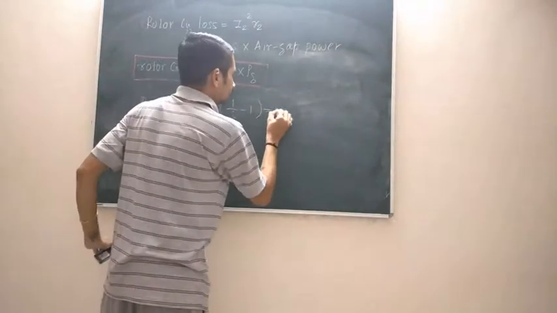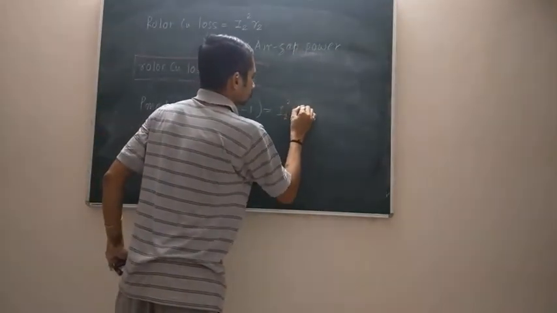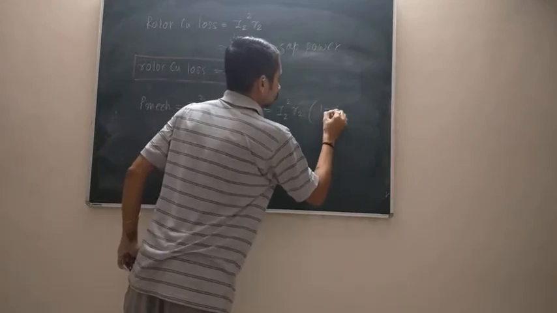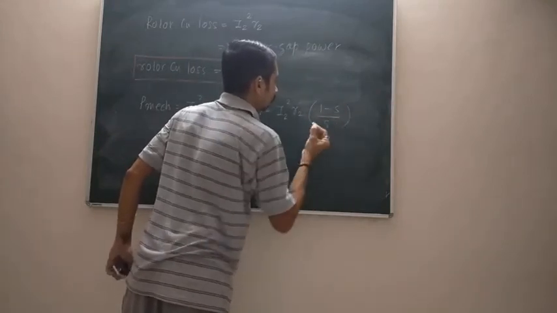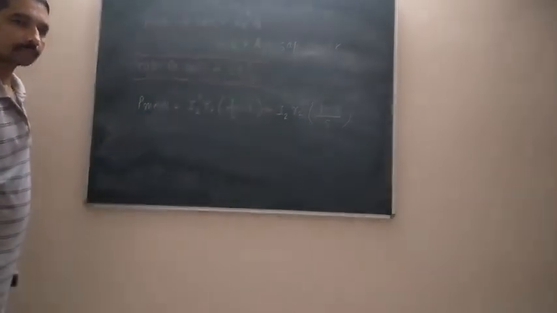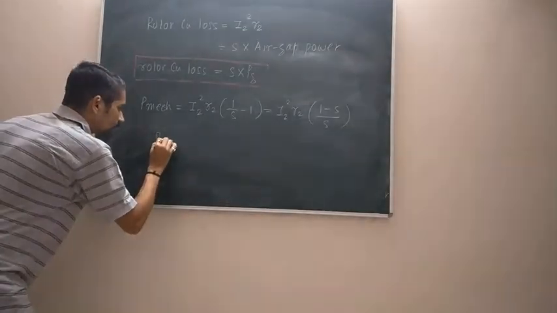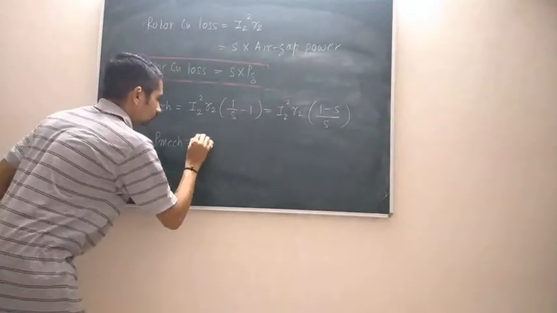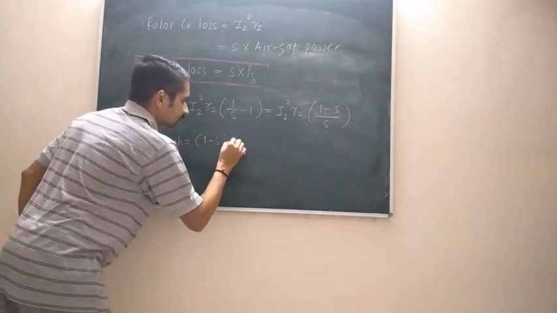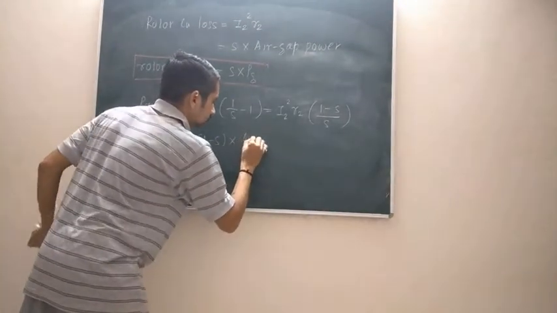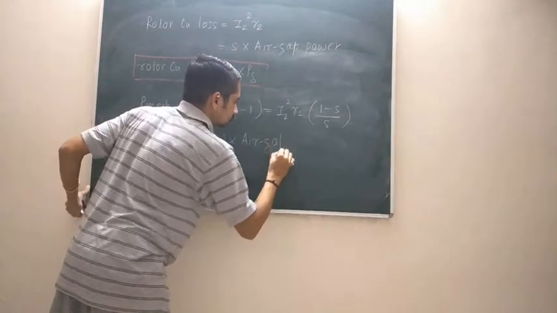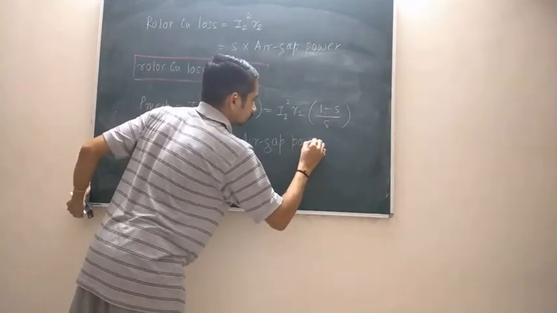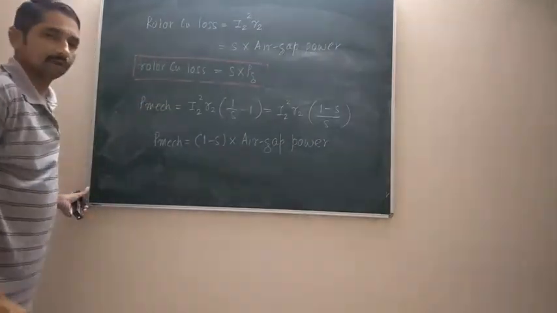I can rewrite this expression as I2 square R2 into (1 minus S) upon S. Or I can write down the mechanical power as (1 minus S) times the air gap power.